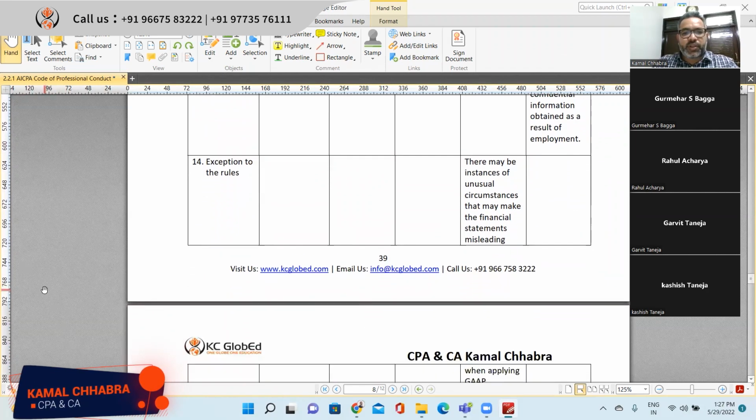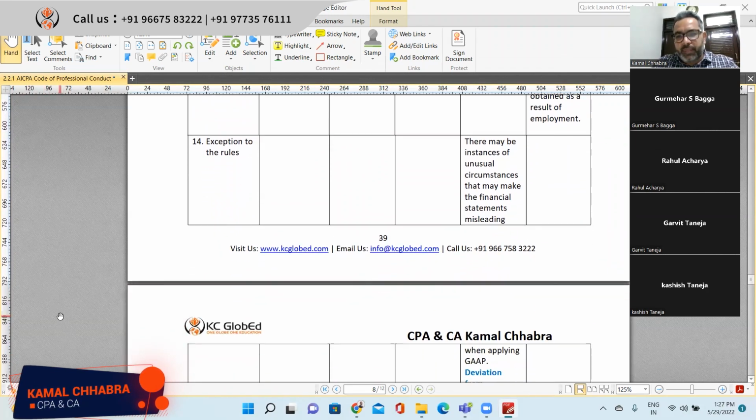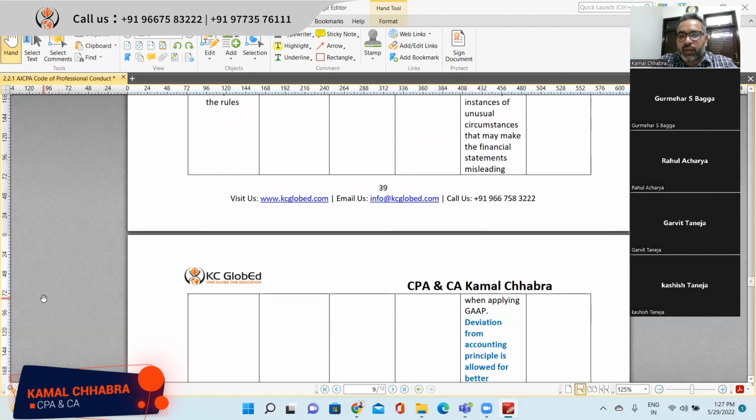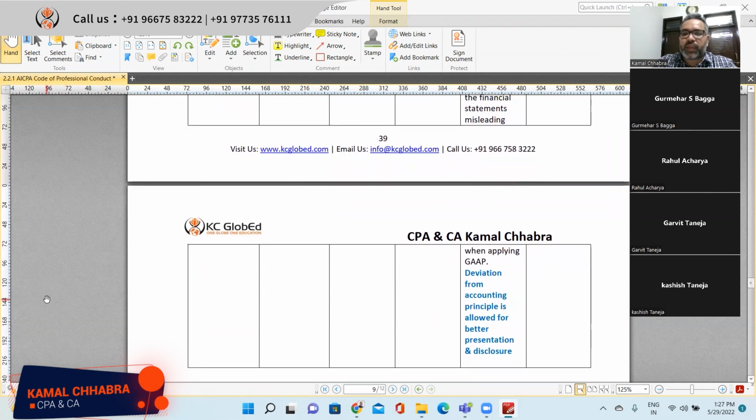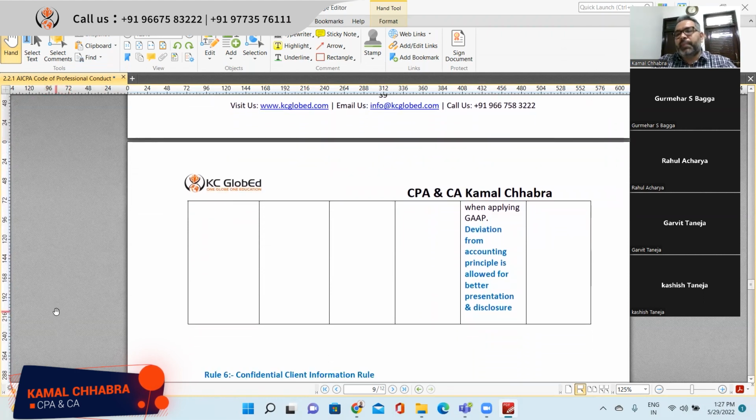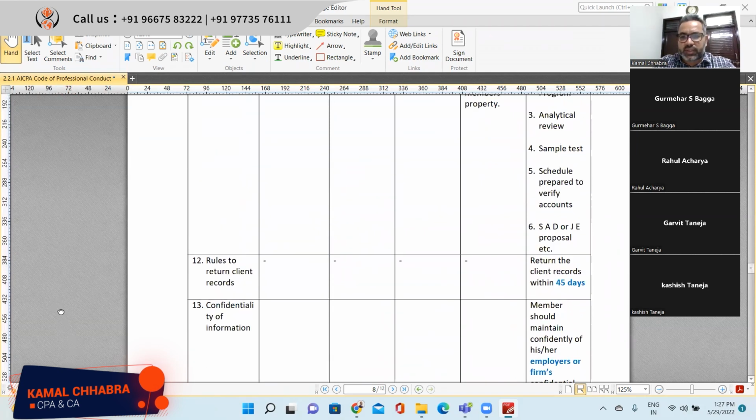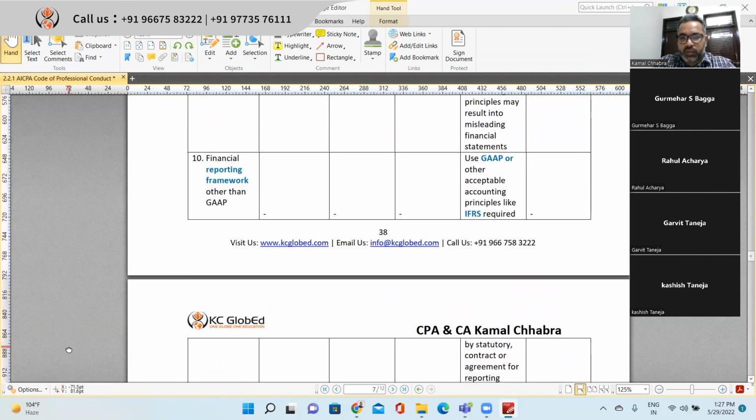The next one is the exception to the rule. There may be instances of unusual circumstances that make the financial statements misleading when applying GAAP. Deviation from the accounting principle is allowed for better presentation. We discussed this here as well.